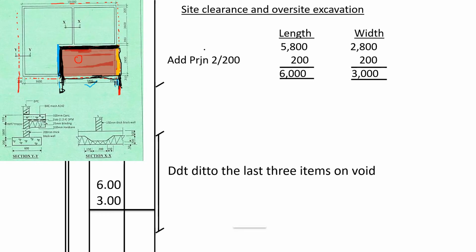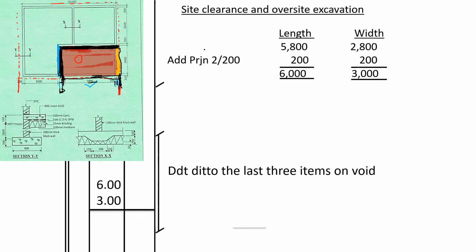Or else we can just take 5800 plus 200, then we leave the spread on this side, and it will cater for the spread of the wall. I am hoping that I'm making sense. If I need to do another video, I'll do it so that you can understand this one. I don't want to take a lot of time here.